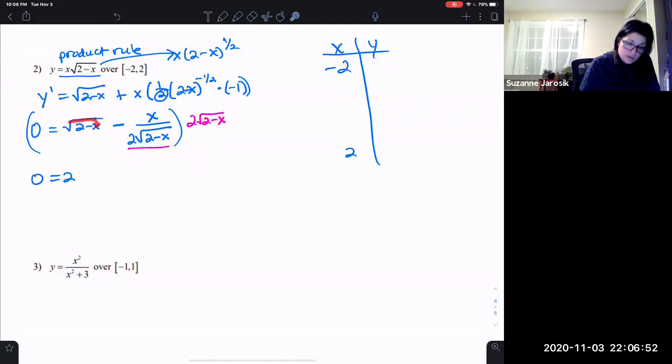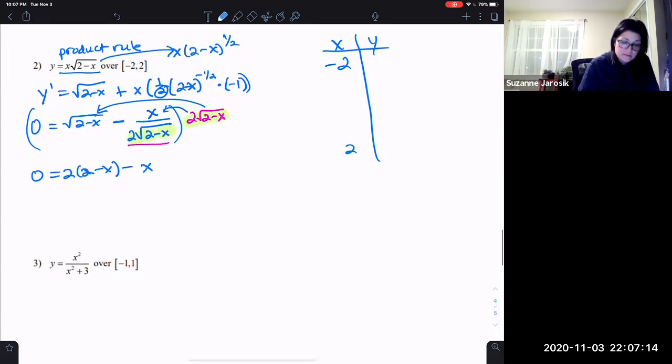Then this would still have the 2, and then root 2 minus x. Oh, that didn't work out so well. And root 2 minus x is 2 minus x. Okay, minus, so basically I did that, and now I'm doing this. These just cancel, if you will. So when I do this, this would cancel with that, leaving me with just x.